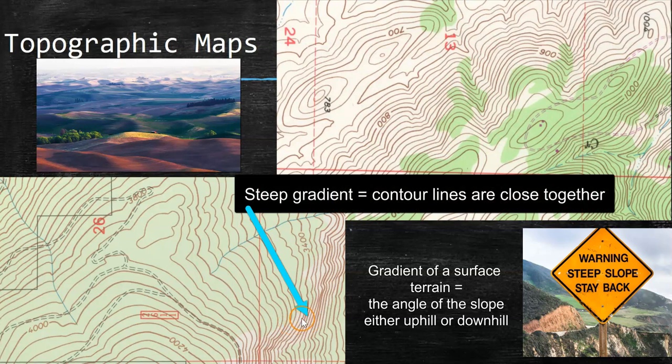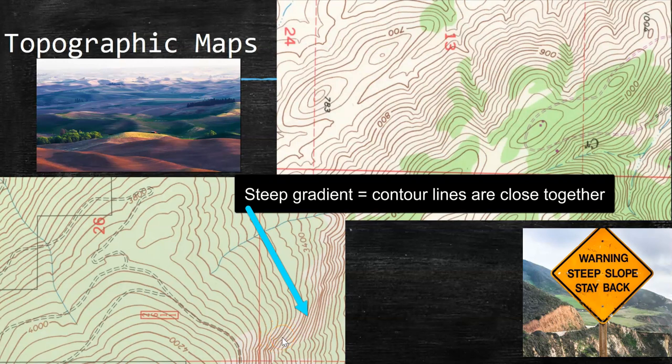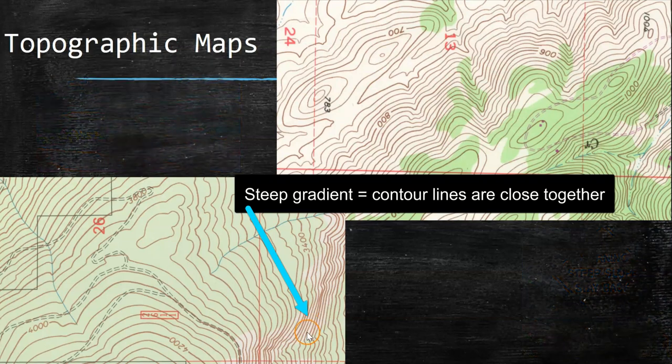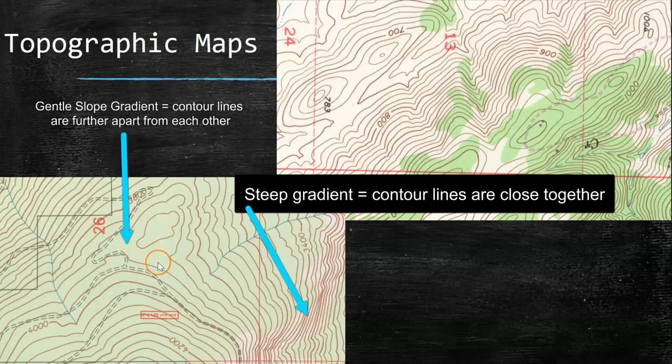The hills are very steep because it changes by 40 feet over a very short distance. So you're going down very steeply by 40 feet quickly over a short distance. That's what the contour lines indicate if they're close together. If they're far apart, like over here, that's more of a gentle slope, a flatter surface.